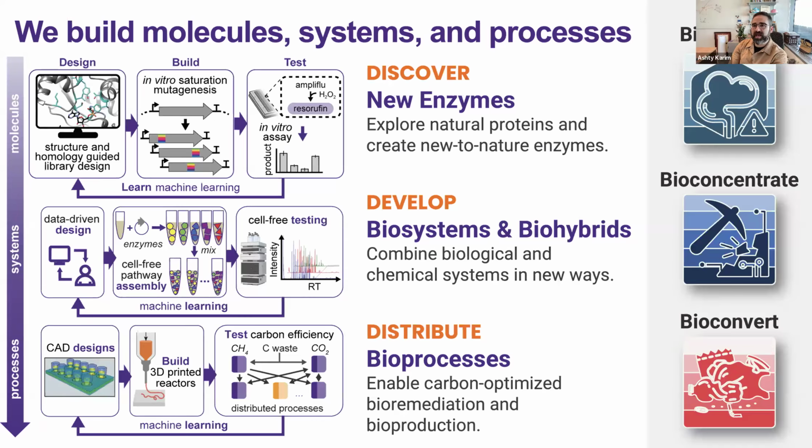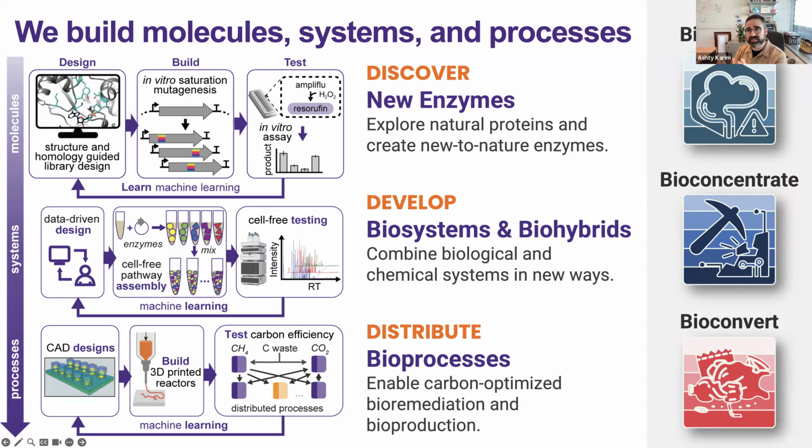So as I've started my lab, the goal of my lab is to build molecules, systems and processes like metabolism using engineering design, build, test, learn cycles. So the idea is we're going from molecules to systems to processes and working across all of these scales. To discover new enzymes, to develop biosystems and biohybrids.